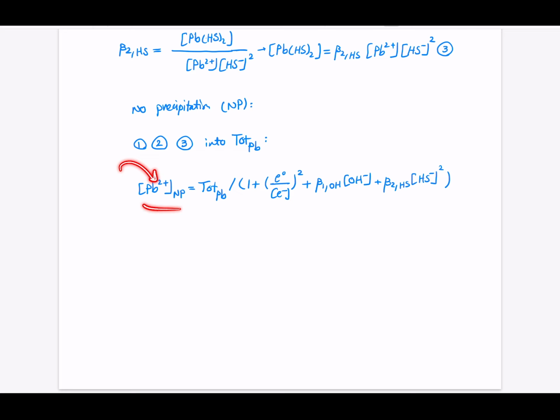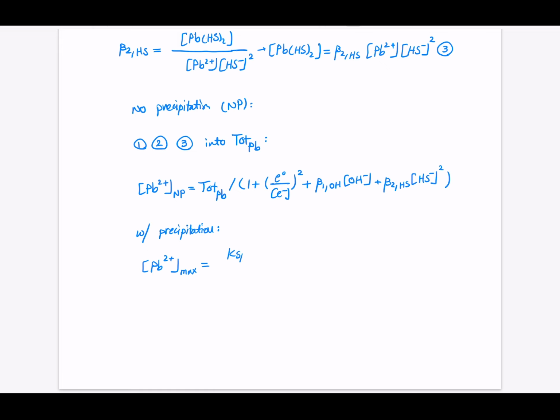So in addition to this guy, we also need the with precipitation scenario. And that's basically giving us the maximum concentration for Pb2+.